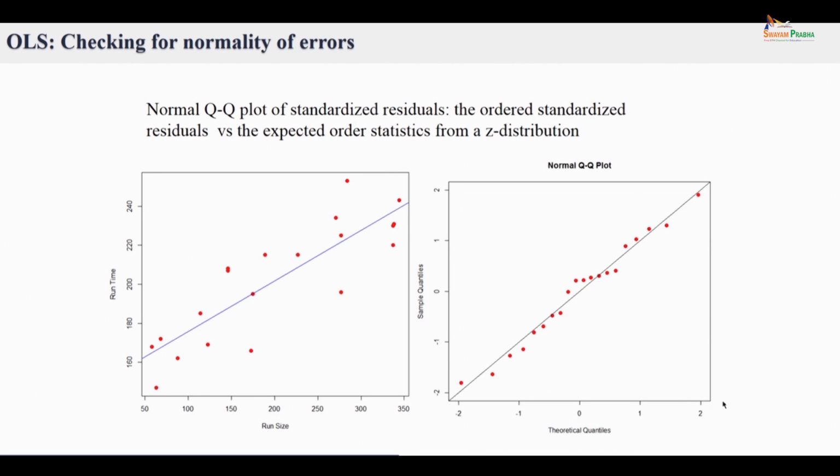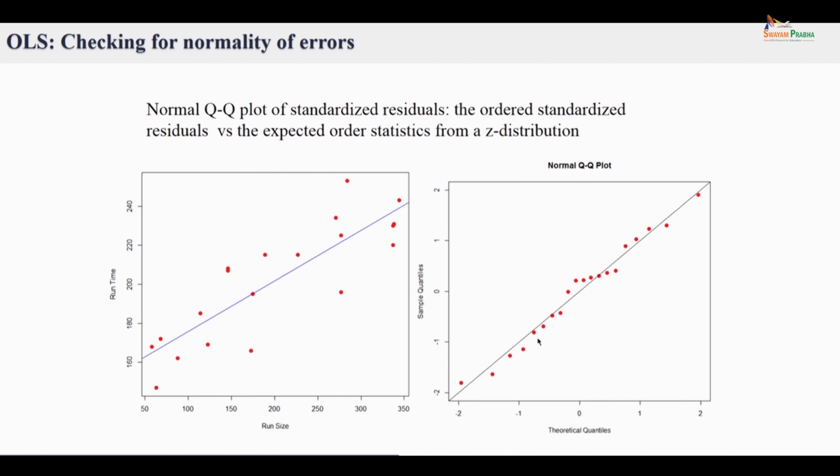So the theoretical quantiles computed from the standard normal distribution and the quantiles computed from the standardized sample residuals fall on the 45-degree line, and therefore in this case we can safely conclude that the errors in the data come from a standard normal distribution.